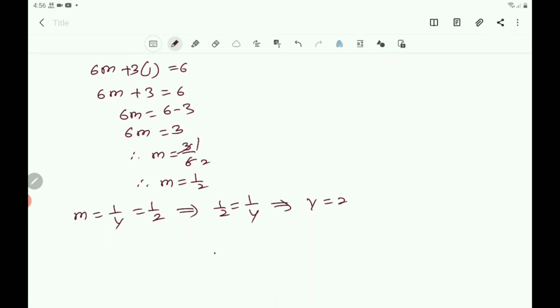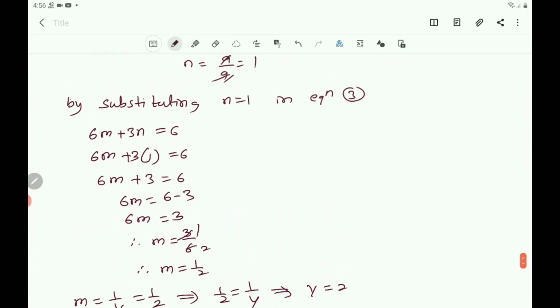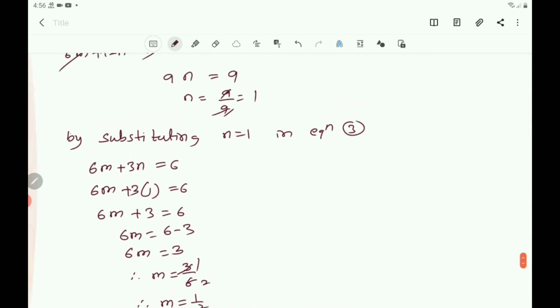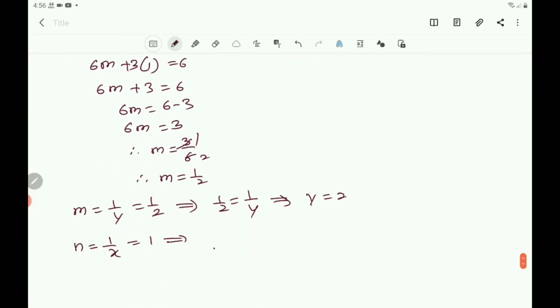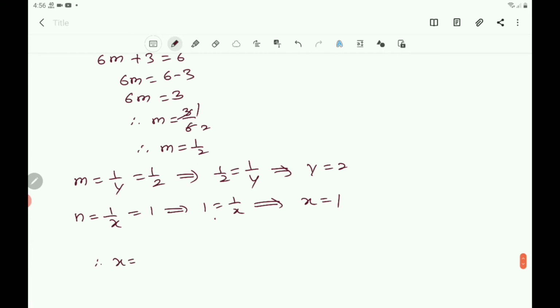And n means you have taken 1 by x. What is the value of n here? That is 1. So you take 1 equals 1 by x. That implies x equals 1. Therefore you got x equals 1 and y equals 2.